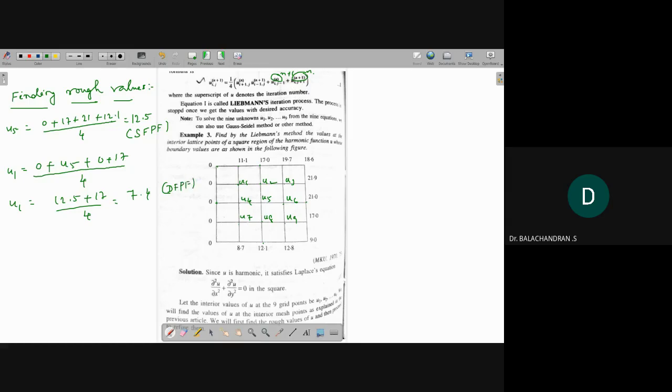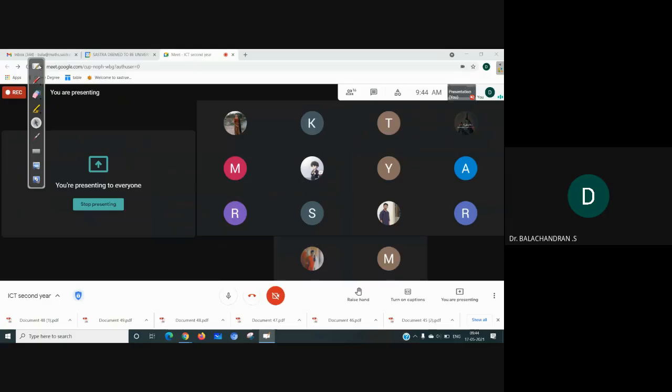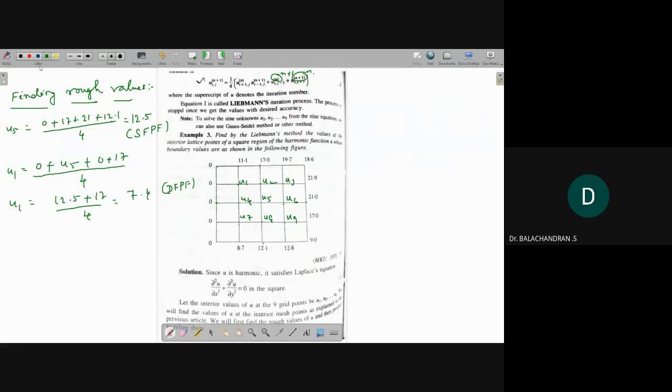I think now time is nearly 9:45, so I will stop here and just give the idea. For U2, which formula should you use, diagonal or standard 5-point? I know only U1 and U5, I don't know U3.